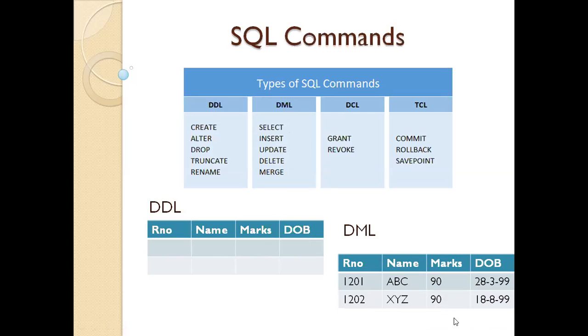If you want to delete a row, you use the delete command. Merge, if you want to merge two tables, then you use the merge command. Then the last one is select. Select is if you want to pose some queries, if you want to retrieve some data depending upon some constraints, then you use the select command. That is, select an employee whose salary is greater than 10,000, like that.